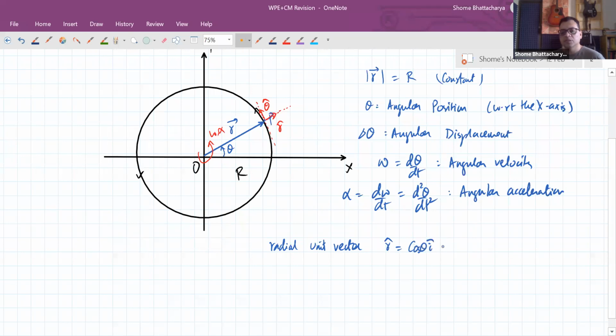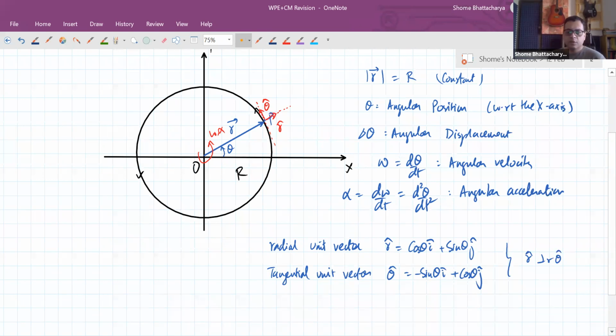Which can be written in terms of the instantaneous angular position like this, and the tangential unit vector which can be written in terms of the instantaneous angular position as this. So you can see that they are mutually perpendicular.